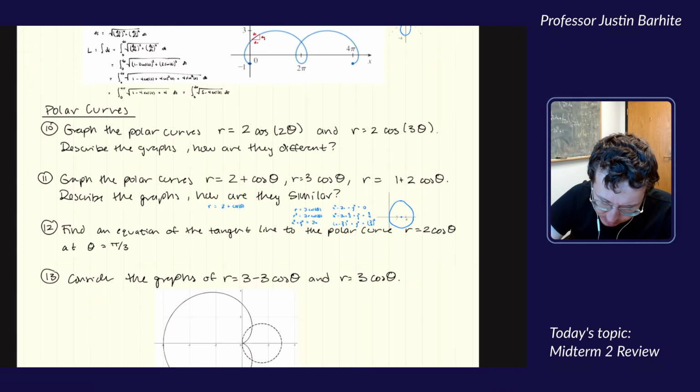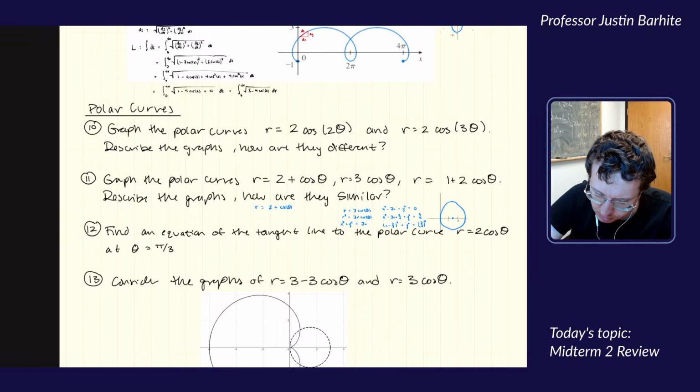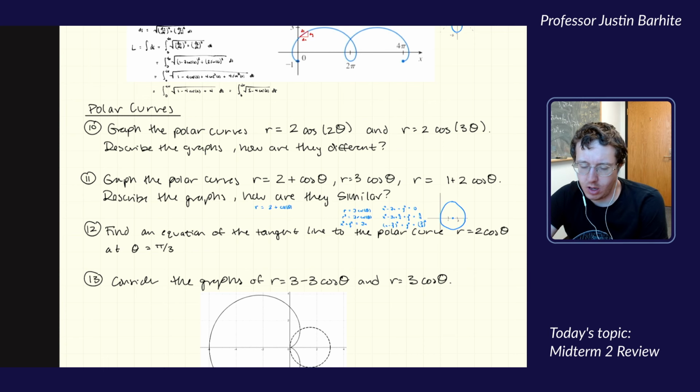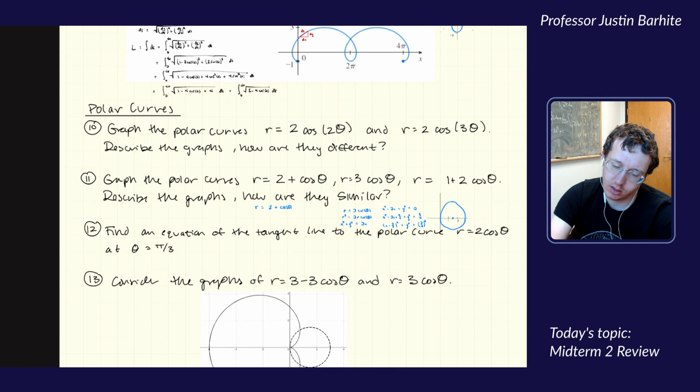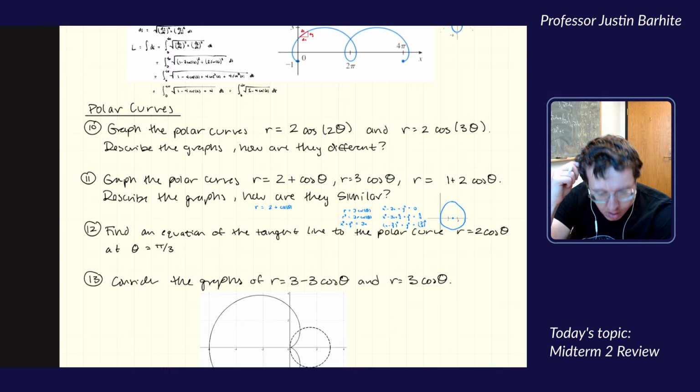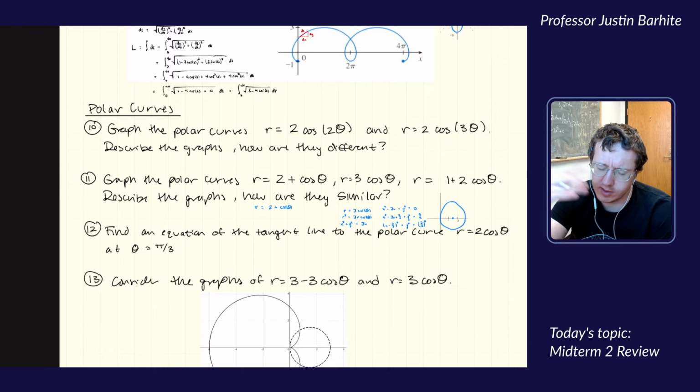Find an equation of the tangent line to the polar curve r equals 2 cosine theta at theta equals pi over 3. Okay. We've already actually done a similar sort of problem with parameterizations, finding the tangent line, dy dx.